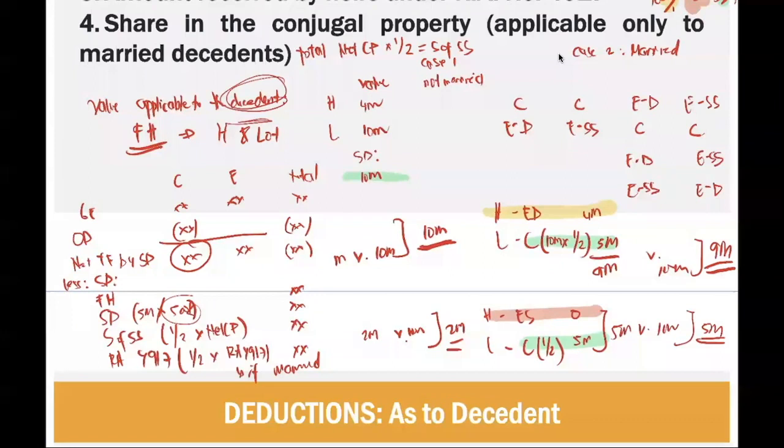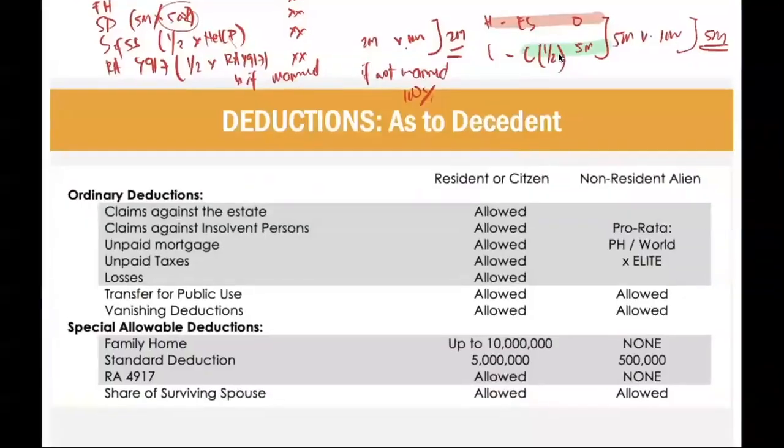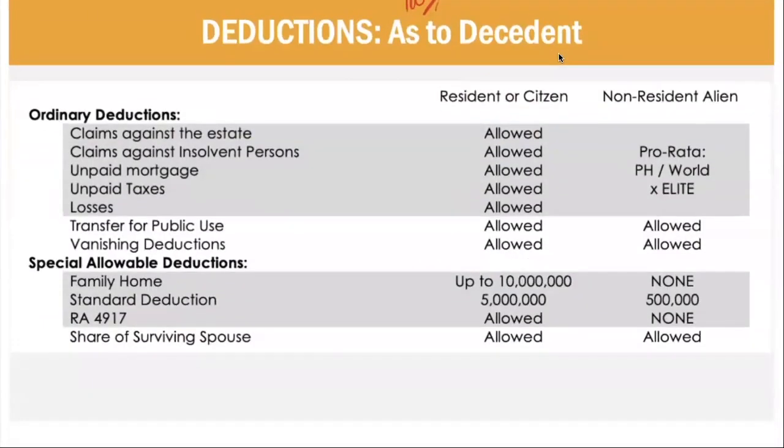Share of the surviving spouse, 1/2 of the net conjugal estate. So from your conjugal gross estate, less ordinary deductions, take the 1/2 of that. RA 4917, only 1/2 of RA 4917 if married. But if not married, 100%. Okay? If married, one half. If not married, 100%. Let's look into your deductions as to your decedent. So for your deductions as to the decedent, we have the following.